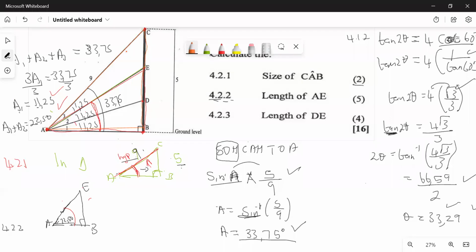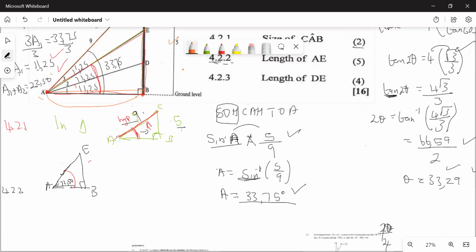If we take triangle CAB and triangle EAB, what seems to be common there? Line AB. Line AB again. Yeah, I can get AB using CAB because I know what this is. I also know what this is. Yes. Okay, how don't you get that, Jane?